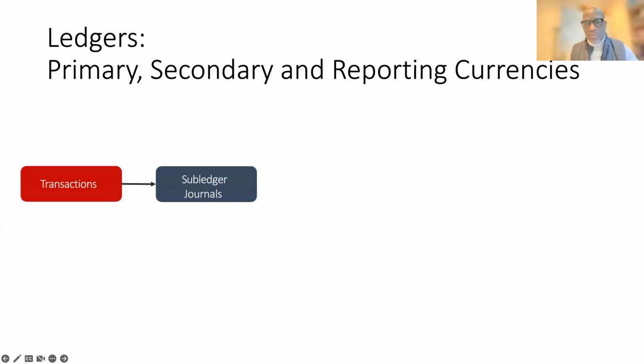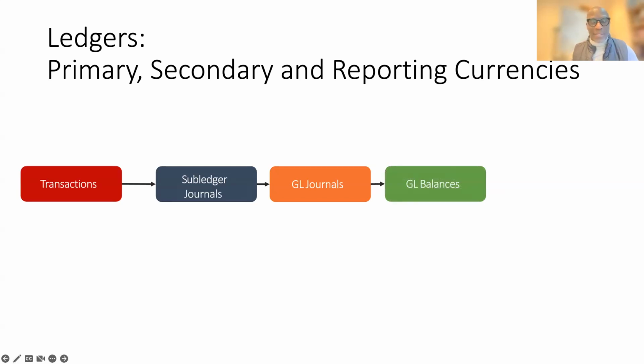I'm using that word send loosely, but more or less, we run a program that allows us to create the transactions, the debits and credits in general ledger, and it goes via a layer called the sub-ledger accounting area. That area will create sub-ledger journals, and this will in turn create your general ledger journals. Once the GL journals are created, it then creates the balances as well, and updates the balances, and that's used mainly for reporting.